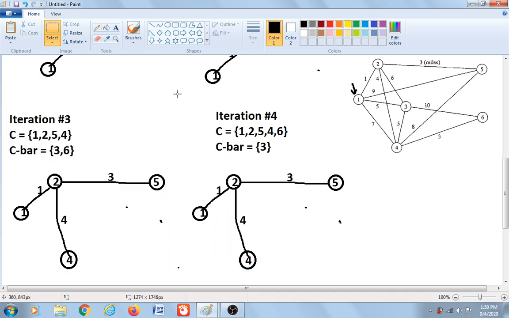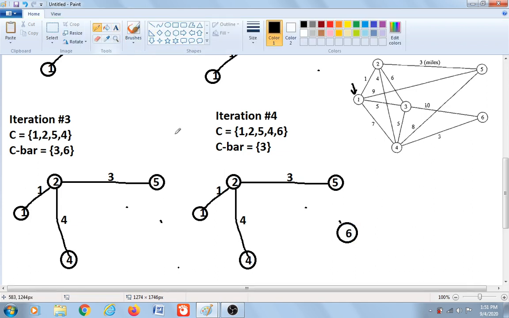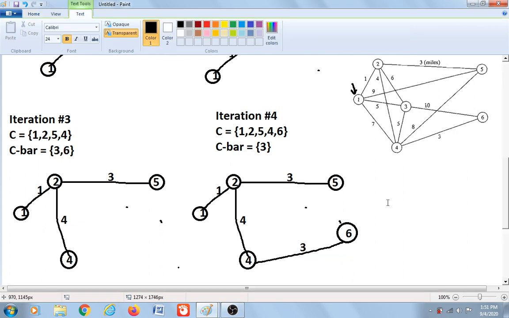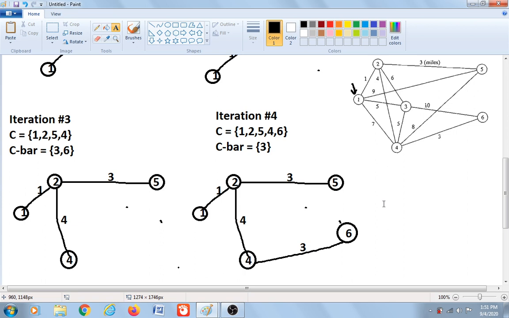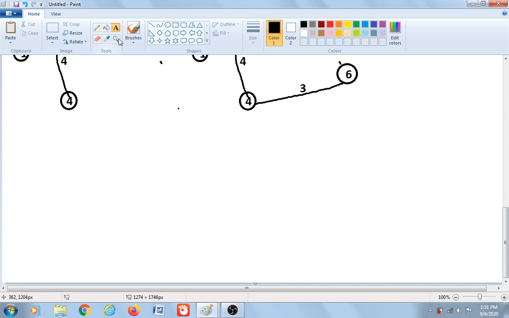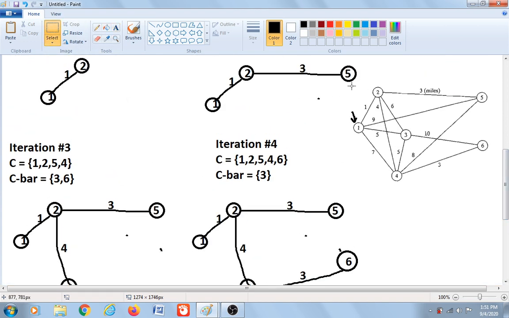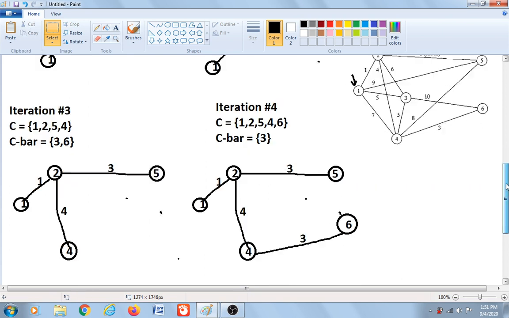So I need to add node number 6. Okay, this is node number 6, and it is from 4 to 6, and the distance is 3. Now I think this is the last iteration that we need to do. Okay, I think I need to copy this to see the distance.